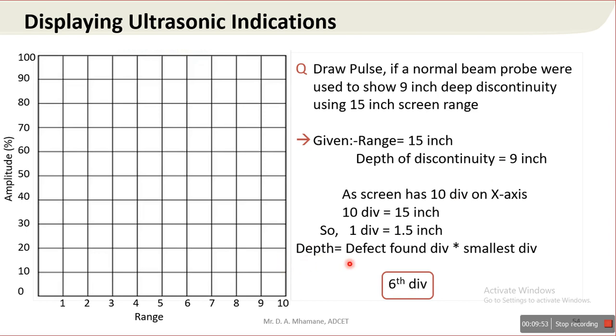So 9 equals defect found division into smallest division 1.5. So 9 divided by 1.5 gives us 6 divisions. So on the 6th division, we need to draw the echo of the discontinuity which is present at 9 inch depth from the surface.